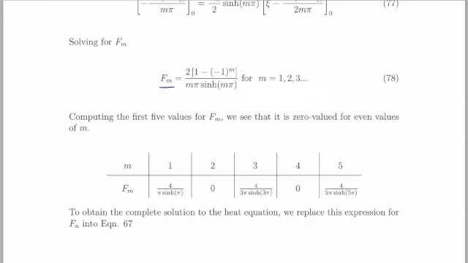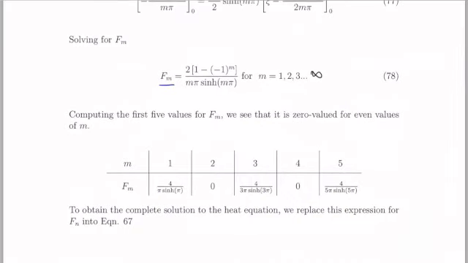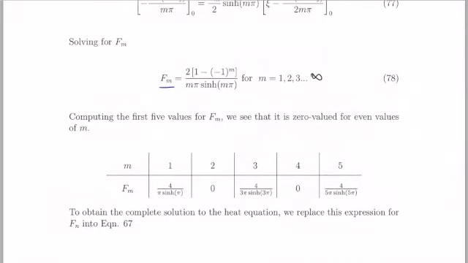So if we come back to the course notes, we can see that the solution to this constant of integration is an analytical expression that's defined for m values from 1 to infinity. And we can then use these to start to examine our solution. We notice that if you actually calculate these values, you only see a real value for odd values of m.